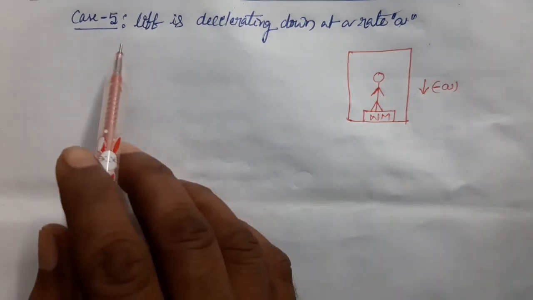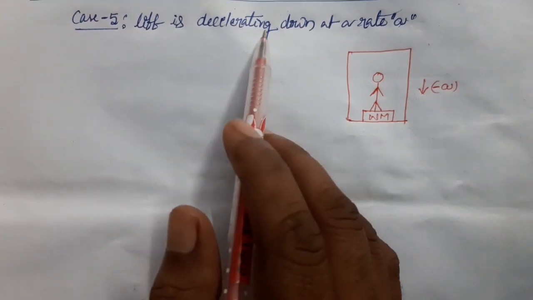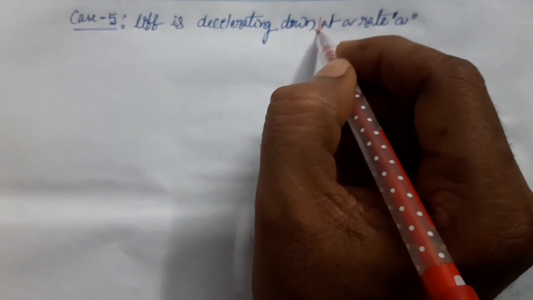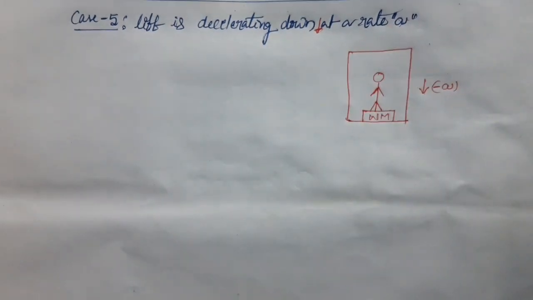Okay, students, see, in this case, the lift is decelerating down. It moves downward, students, but decelerates, meaning speed gradually decreases, students. That means downward motion having negative acceleration. At this condition, the reading of the weighing machine is equal to how much?